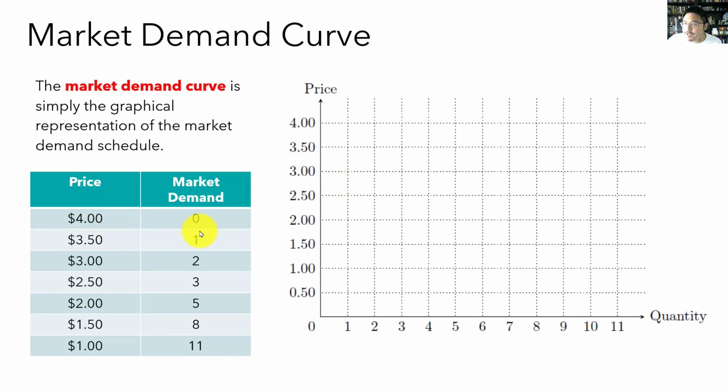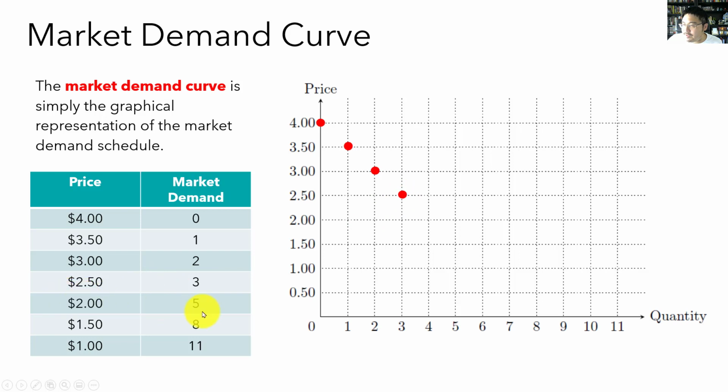So at a price of $4, the market demand is 0. So $4 is here with 0 quantity, so that's right here. At a price of $3.50, demand is 1, and so that's right here. At a price of $3, the market demand is 2, and so that's right here. At a price of $2.50, the market demand is 3, so that is right here.